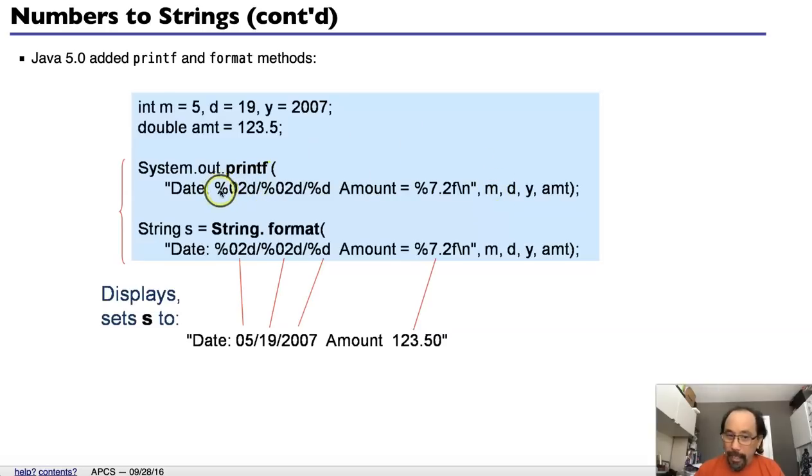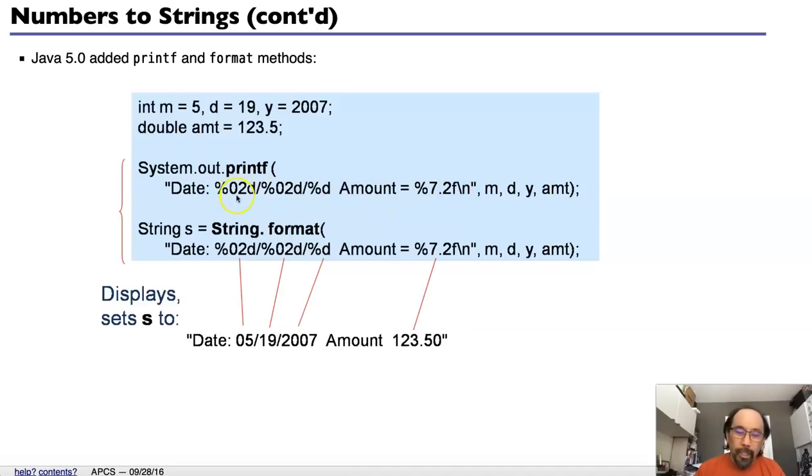The percent sign is the key signature of this. The M will get plugged into here, and %d stands for decimal. So this is saying plug this number in and convert it into a decimal. Take this parameter, plug it into this second one here and convert it into a decimal. Take this parameter here, convert it into another decimal, and take this parameter here and plug it into here, converting it to a floating point. F stands for floating point.